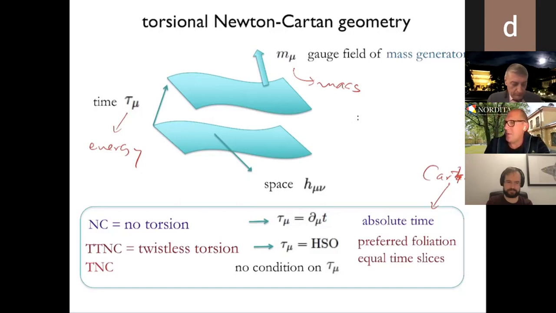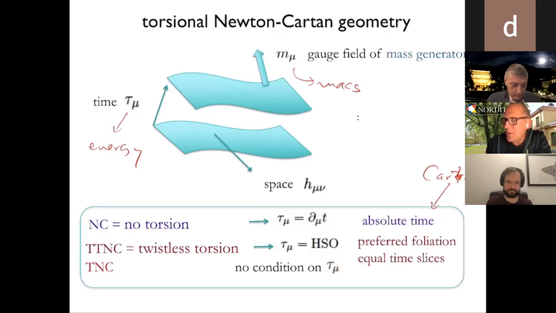But what has only been realized more recently, well, in the last 7 years, so it's not so recent anymore, is that the generalization, allowing more arbitrary versions of tau, is quite important. And in that case, you can show that the geometry has intrinsic torsion. So it's not an extra degree of freedom, but you can show that the torsion, defined as the antisymmetric part in the connection, is non-zero.